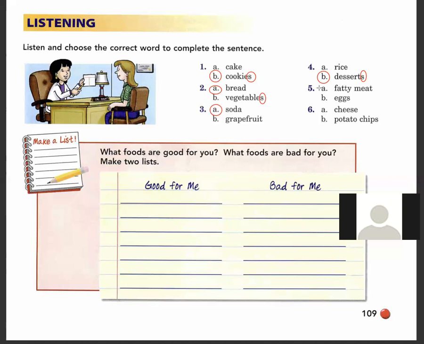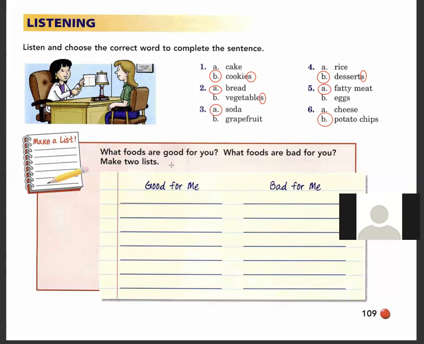Okay. Eat less fatty meat. And number 6, my doctor put me on a diet today. Really? Yes, I must eat fewer potato chips. Excellent.